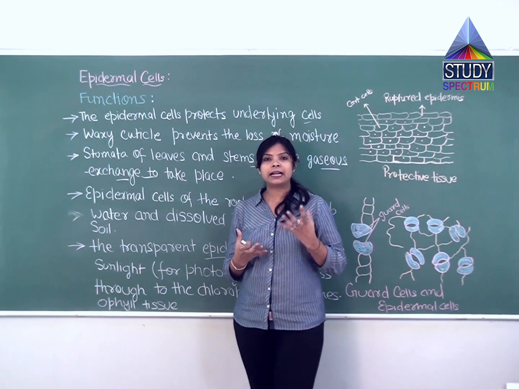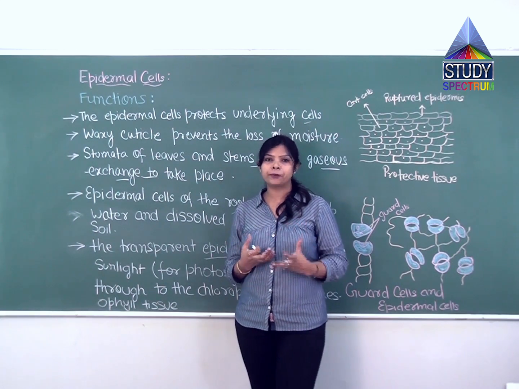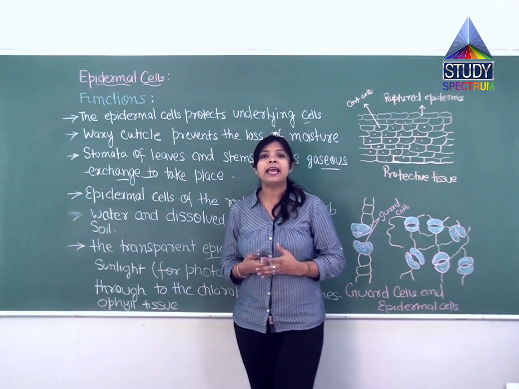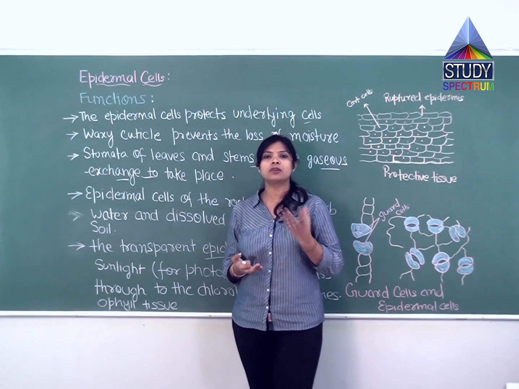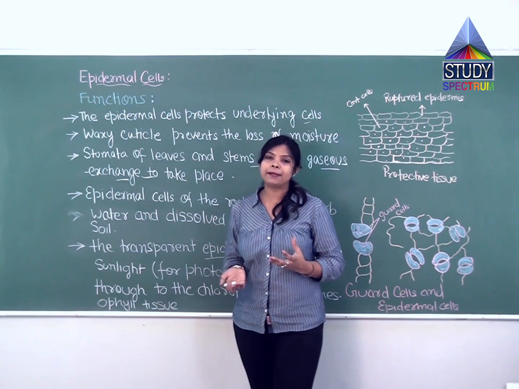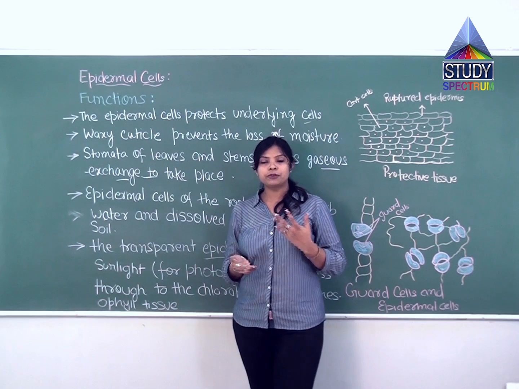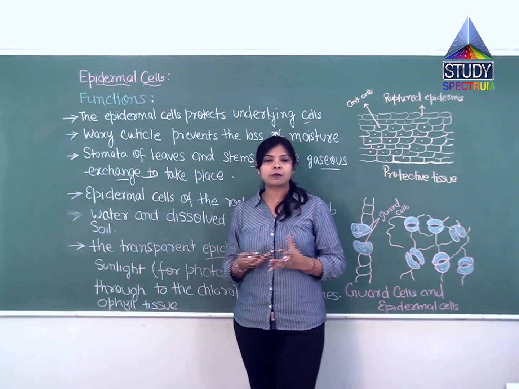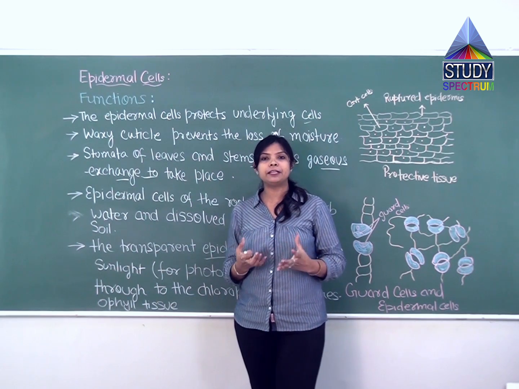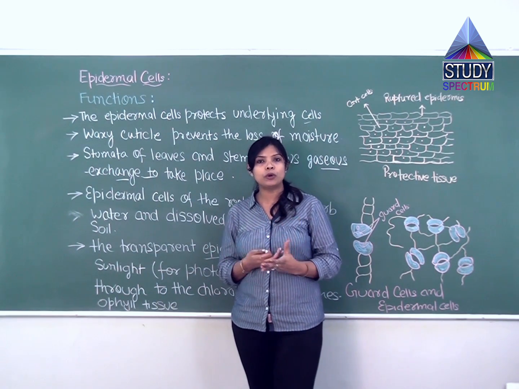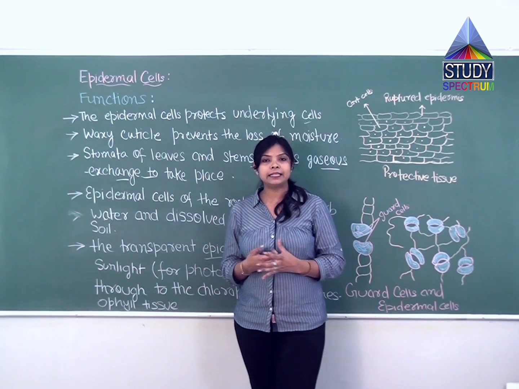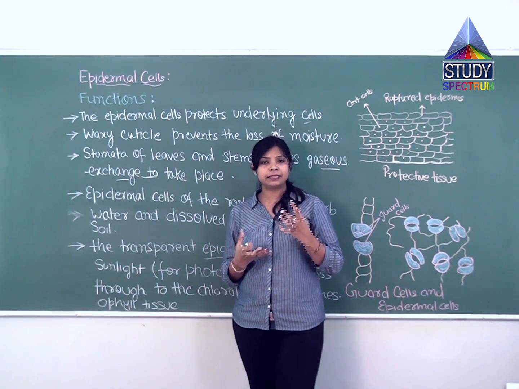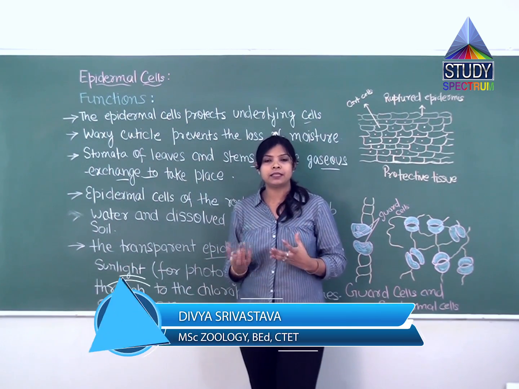It is a protective tissue or protective covering, as in our body there is skin, so in plants these are the epidermal cells. If you see the structure of the epidermal cells, there will be no intercellular spaces, so that they can protect the plant very easily.